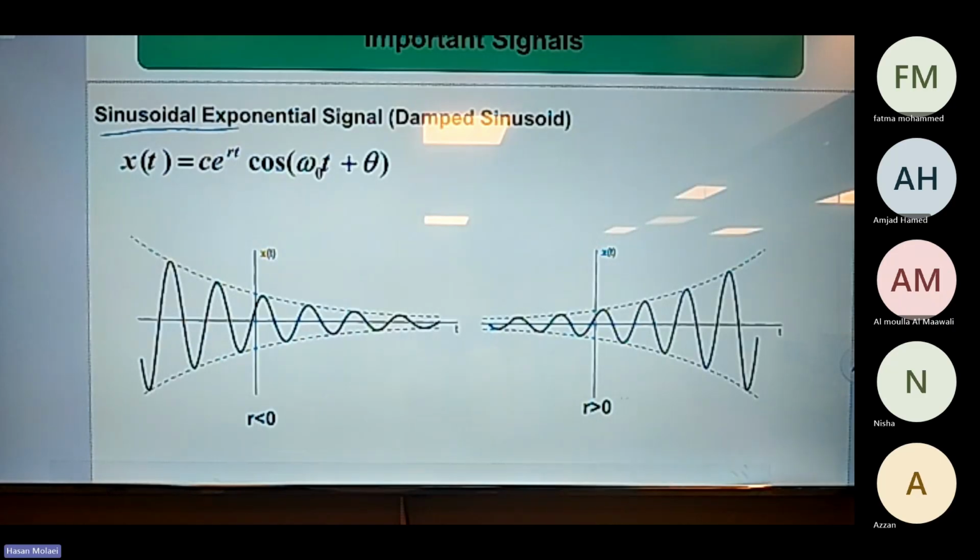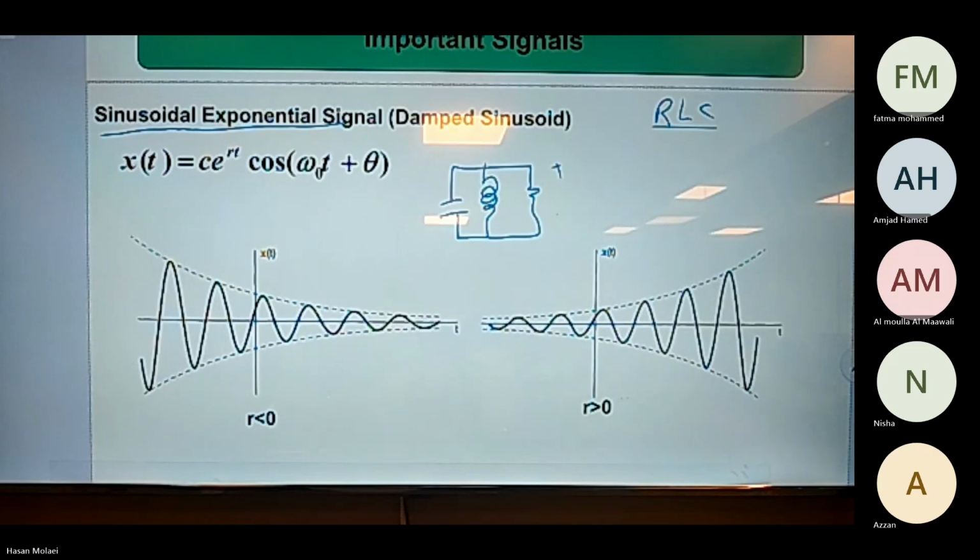Another signal is the exponential. Do you remember where we had this signal? The critically damped and underdamped. Exactly. In RLC, when we have an inductor, we call it an RLC tank.